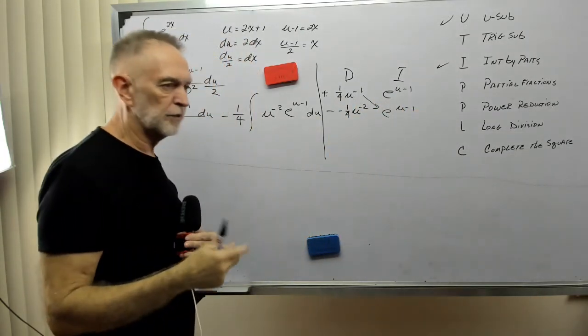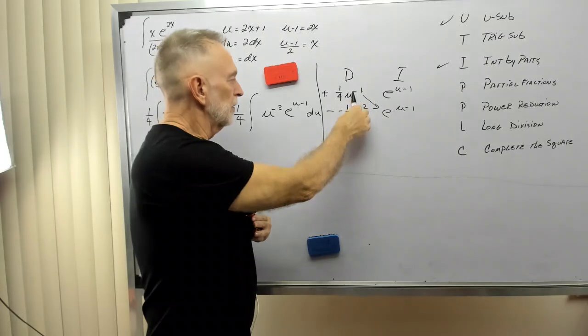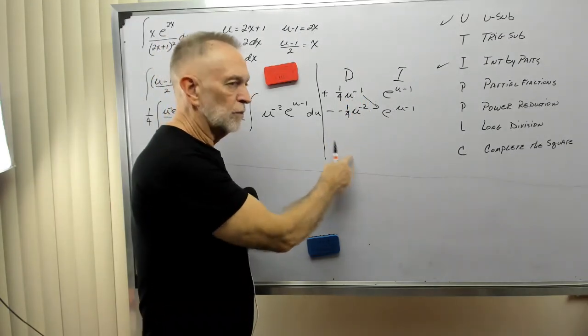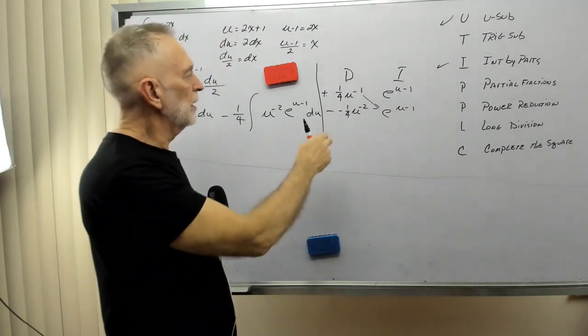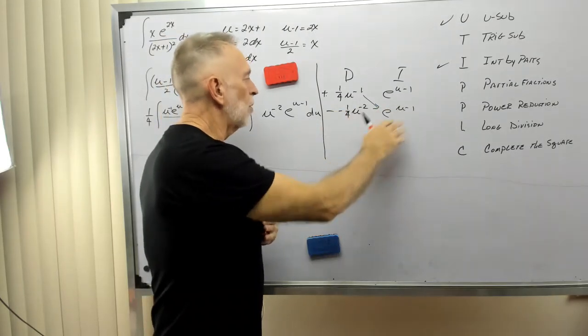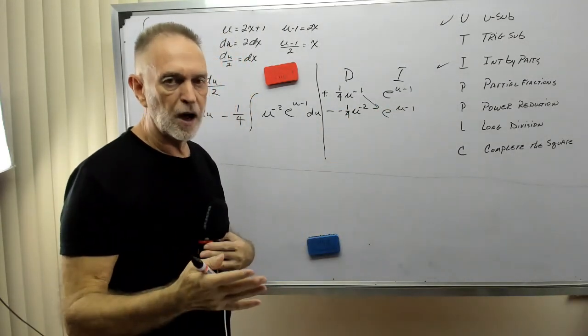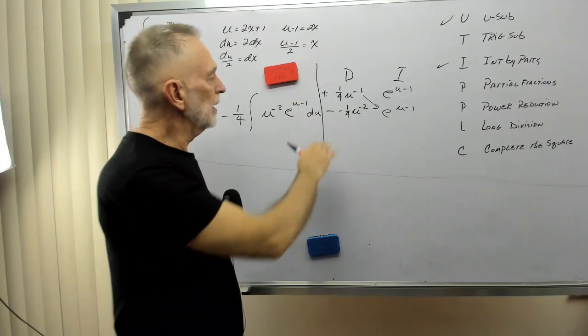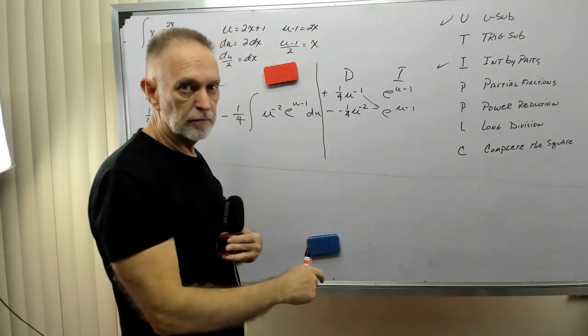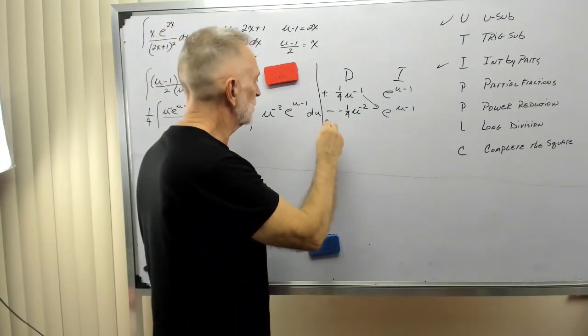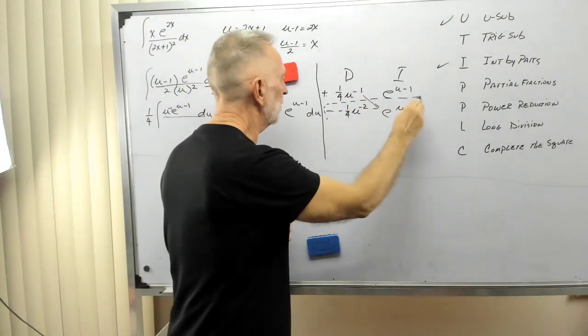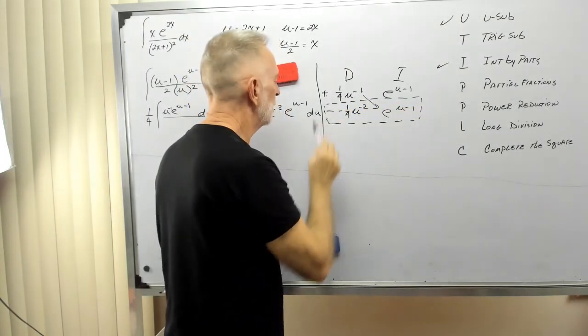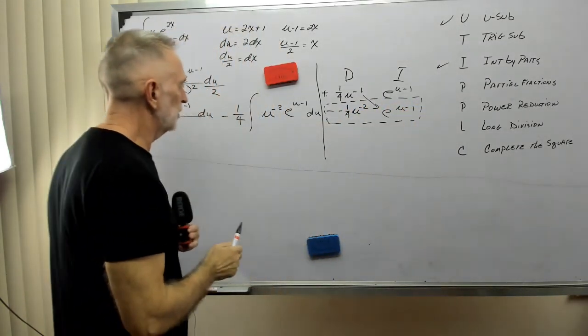The three stops, if you'll recall: when the derivative becomes 0, stop. When what's on the row repeats itself, stop. Or you get a row that you can integrate. So in our case, I can integrate this, but I'm making an observation here.